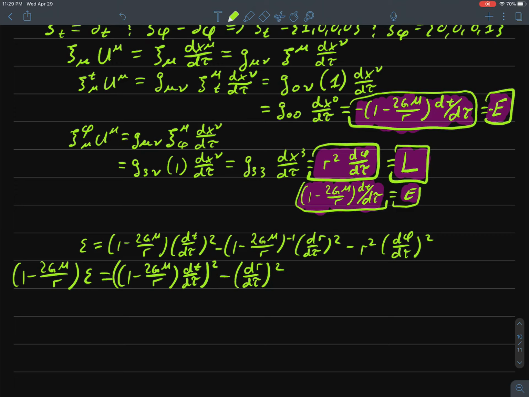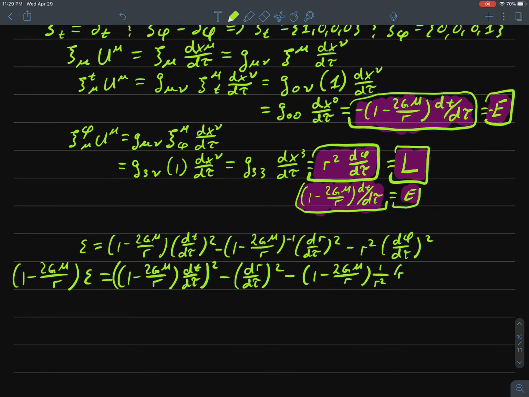That's nice. This seems like it gets a little complicated, but it doesn't really. But let's just write it down. And then r squared. And what I'm going to do actually is write this as 1 over r squared, or let's write it like this: r squared.